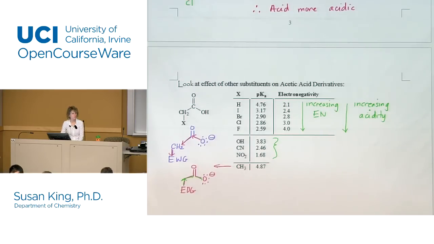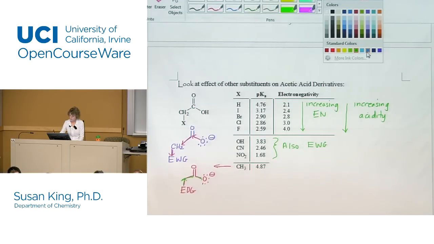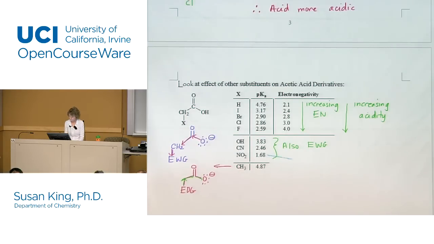And this probably makes a lot more sense to you now than it did even back in 51A, because we've had so much more chemistry. These guys are also electron withdrawing groups. And want to make a note of this, nitro is the most powerful, strongest.